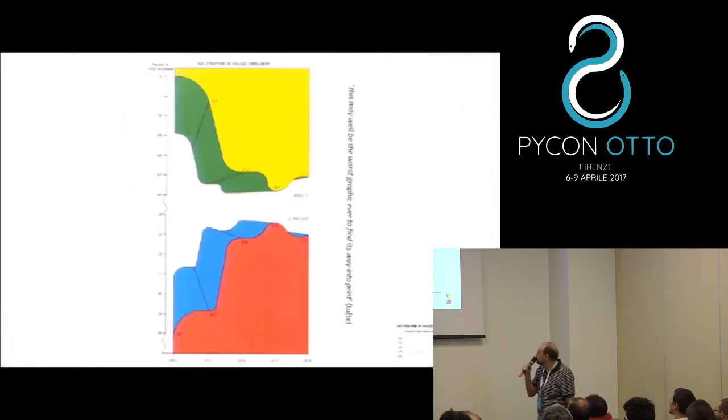And then there's this one. This has been defined as the worst graphic ever to find its way into print, okay? It is displaying 5 numbers, which is the attendance at a given US university divided by age group, 25 and over, under 25, okay?